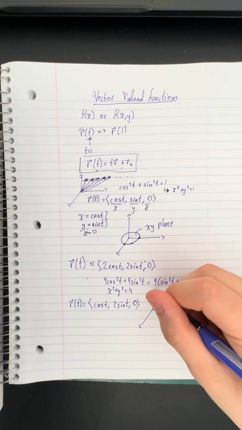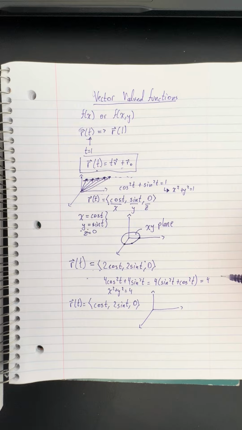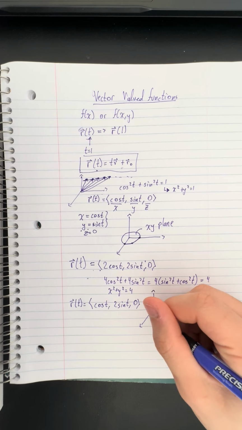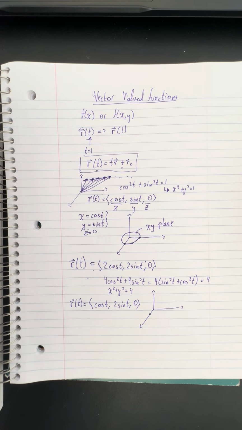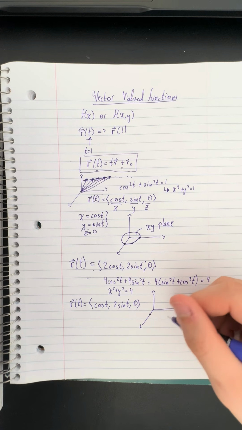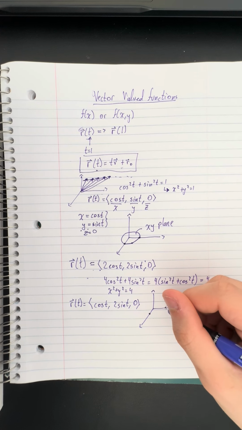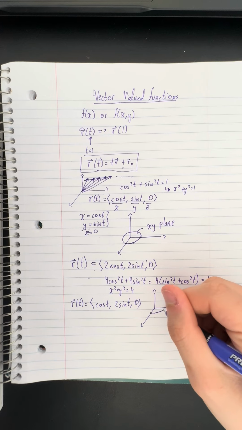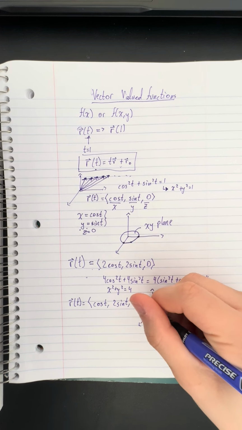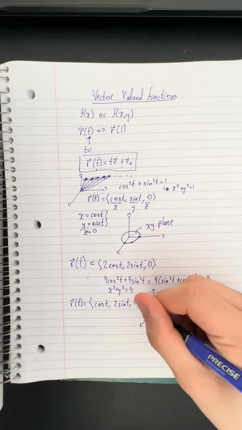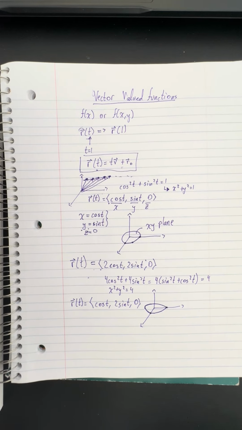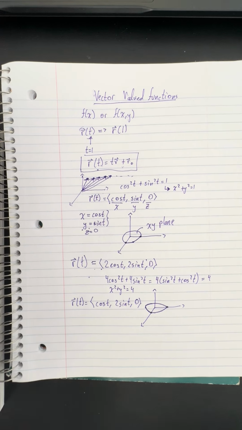So at t equals 0, you're going to have 1, 0, but at t equals pi over 2, you're going to have 0, 2. So somewhere there, you get an ellipse of some sort.